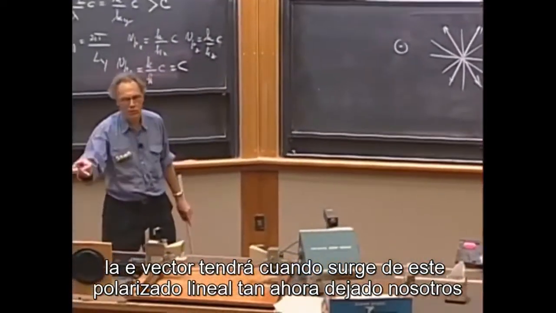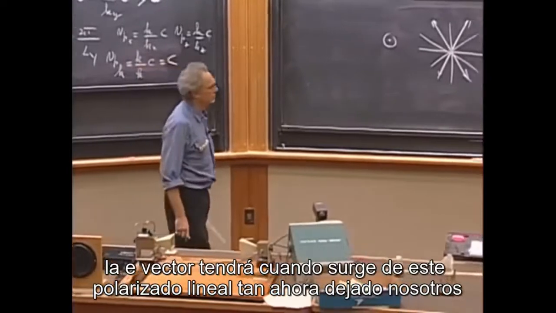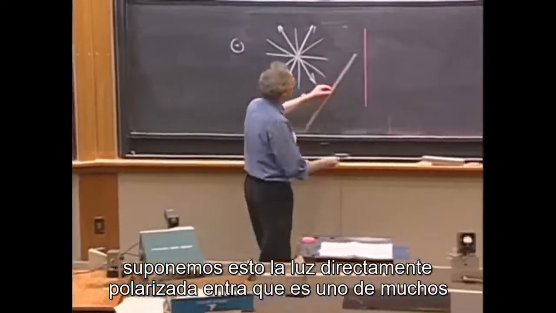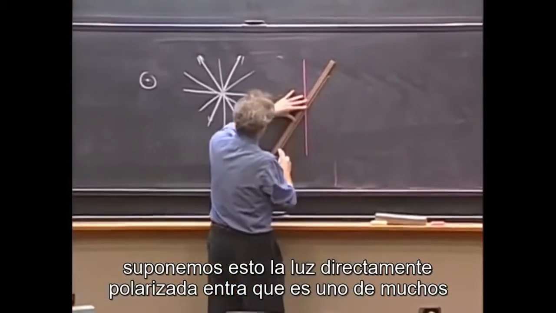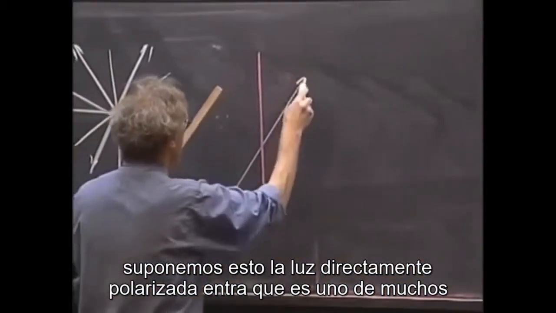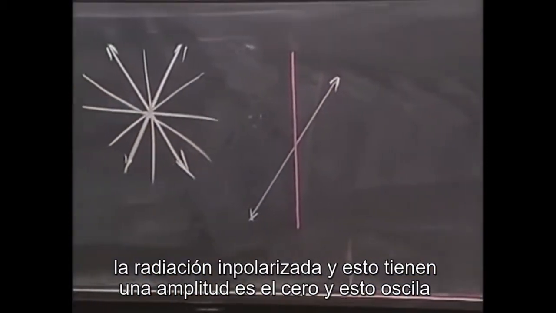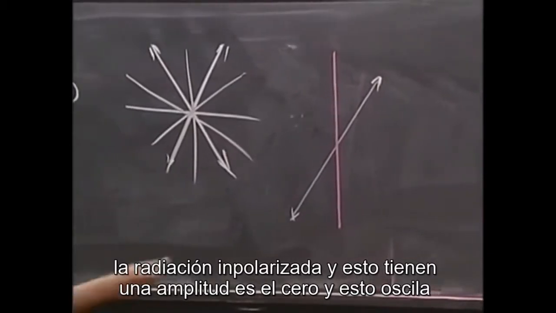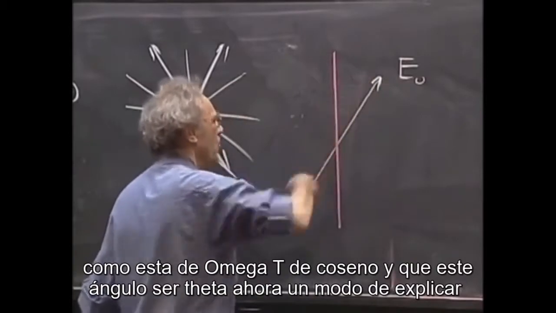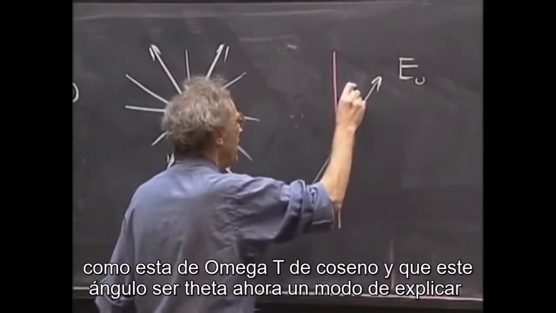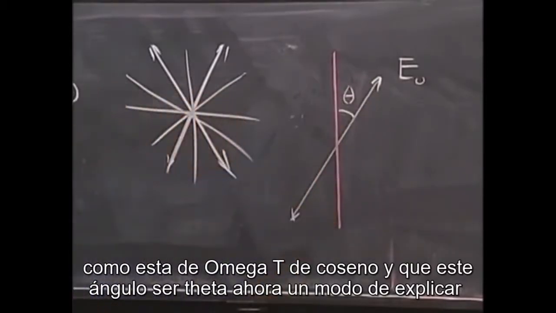And that is the direction that the E vector will have when it emerges from this linear polarizer. So now let us suppose that linearly polarized light comes in, which is one of the many unpolarized radiation. And this has an amplitude E0, and it's oscillating like this, cosine omega t, and let this angle be theta.